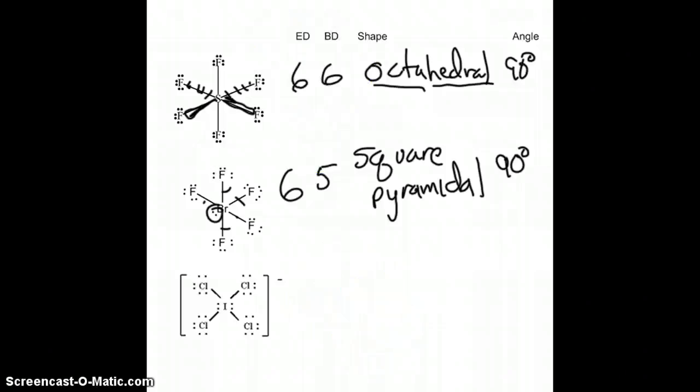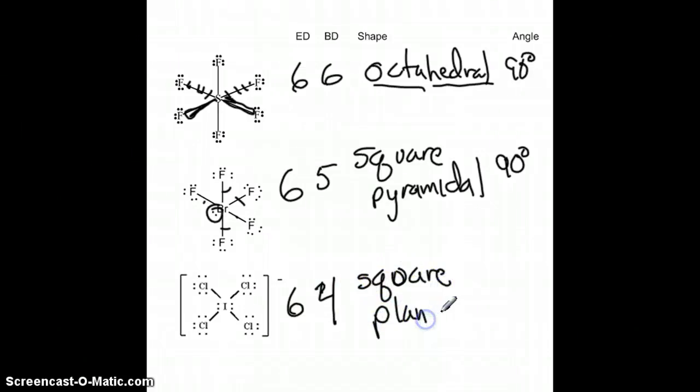So we have 6 and 4. That's going to be square planar, S-Q-U-A-R-E, square planar. And as with anything with 6 electron domains, the bond angle is 90 degrees.